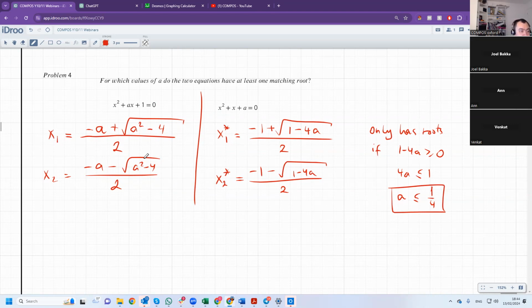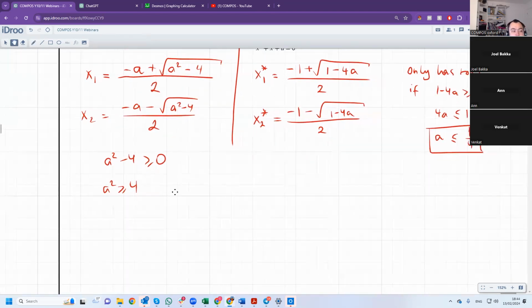Okay. Now here, a squared minus 4 has to be greater than 0. That means a squared has to be greater than 4. What can a be if a squared is greater than 4?